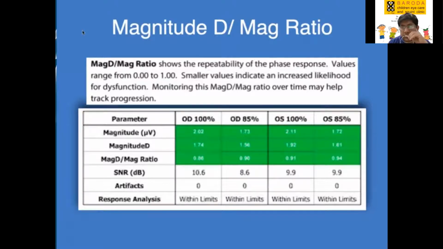Are the artifacts and the response analysis calculated, or what do they show us, Mr. Sanjay? I think that is a good thing which can be done. Abhi, at this point of time, to be honest, I wanted to discuss whether pattern ERG works well, although there is a lot of data that it does. The whole reason for this meeting was to generate ideas. There are articles, all theoretical publications.